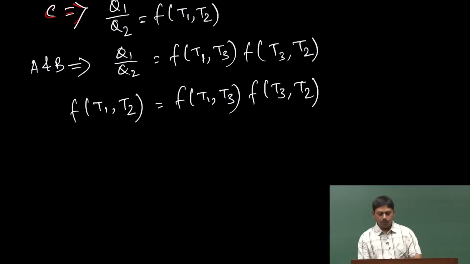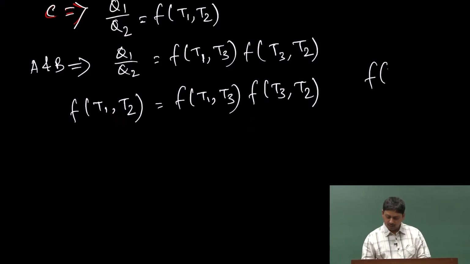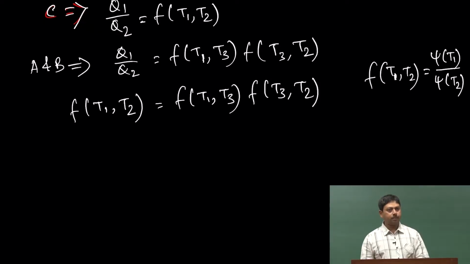Now, you see somehow this product of these functions is dropping out here, even though we have introduced a temperature T3, and that is possible if this function F T1 T2, or any two temperatures, is a ratio of functions of these two temperatures separately. Let us say if I write it, I can show you.